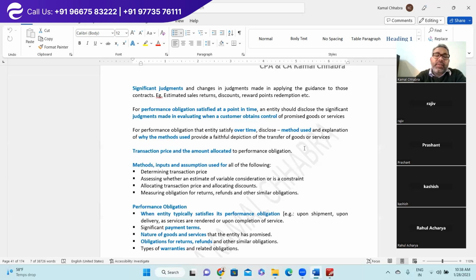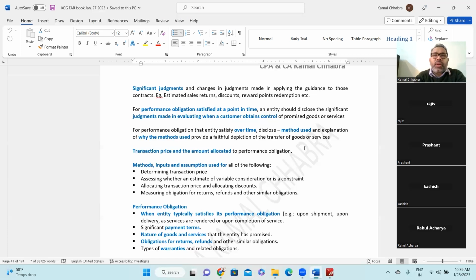In that scenario, it is ex shipment. So here you need to recognize the revenue when the material reaches the port of the customer and the customer approves the quality. Those all things you need to mention specifically: for local revenue, we recognize ex factory, and for export revenue, we recognize on an ex shipment basis.